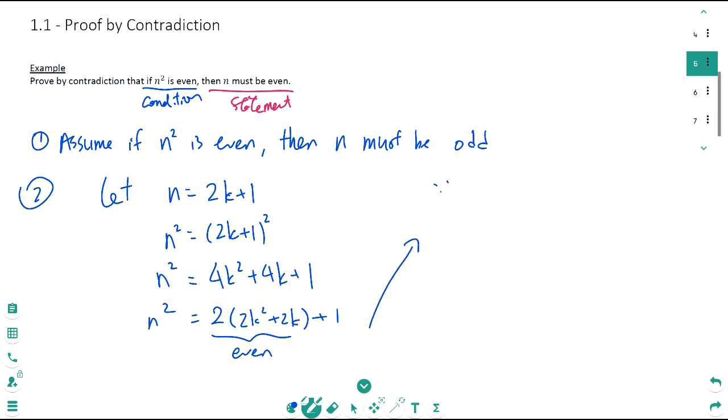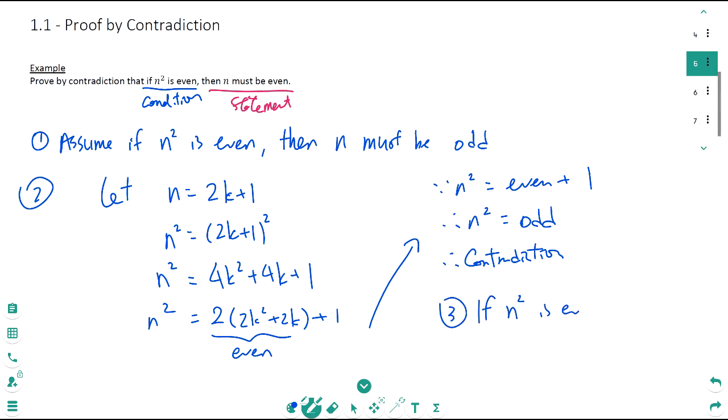So because n squared equals even plus 1, therefore n squared is odd. Now, can you see the contradiction? Because we assumed n squared is even, but n squared is odd, therefore contradiction. And third step, if n squared is even, then n must be even. Okay?